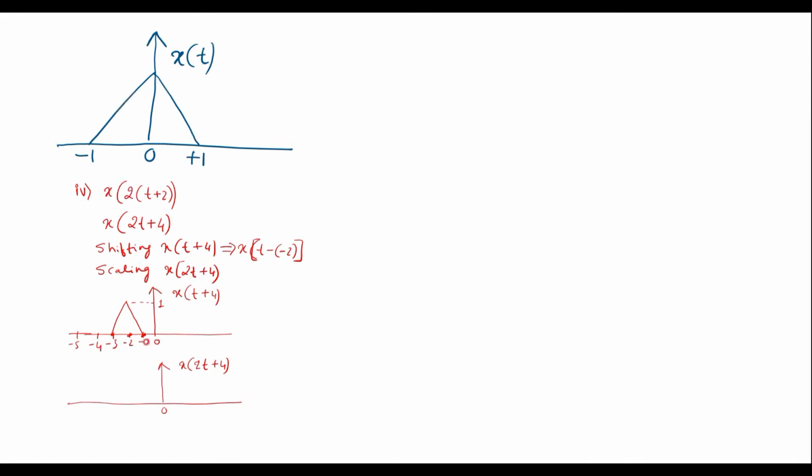So each time period value is divided by 2, that is minus 1. This point will appear at minus 1 by 2. Minus 2 divided by 2 is minus 1, and this is minus 3 by 2, that is minus 3 by 2. So this is x of 2t plus 4 signal.